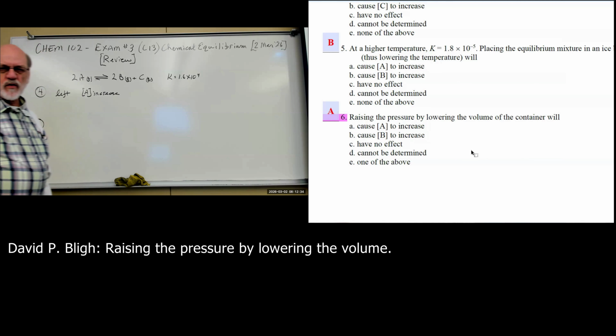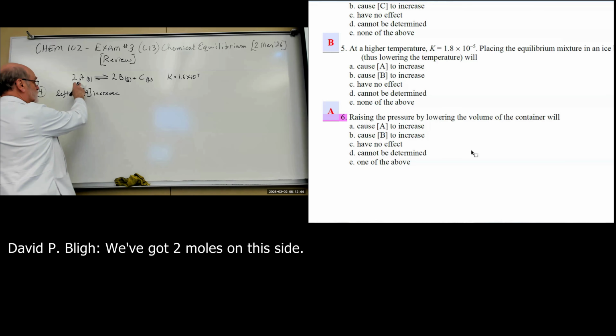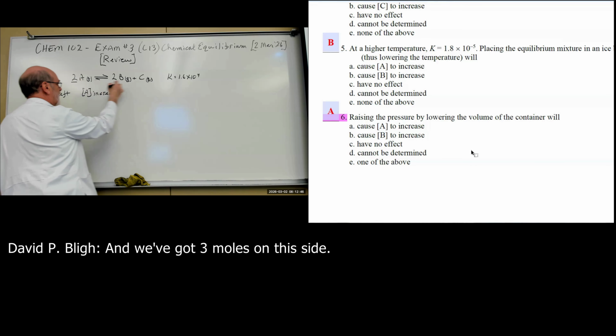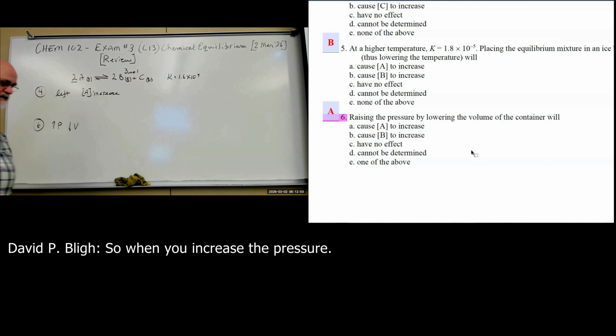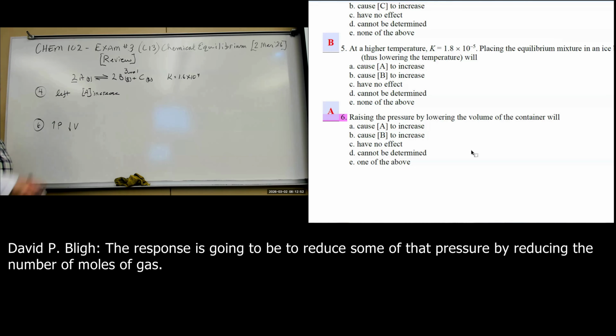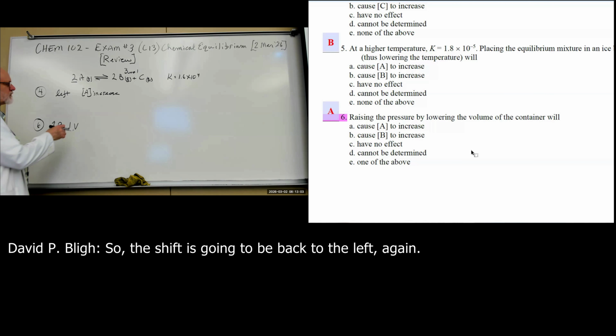Raising the pressure by lowering the volume. Okay, if we increase the pressure by decreasing the volume, what's going to happen? We've got 2 moles on this side, and we've got 3 moles on this side. So when you increase the pressure, the response is going to be to reduce some of that pressure by reducing the number of moles of gas, according to Avogadro's law.